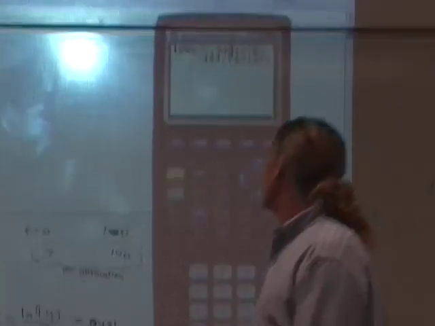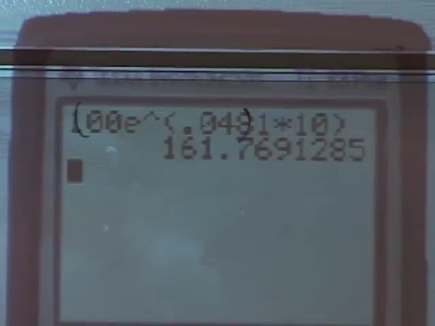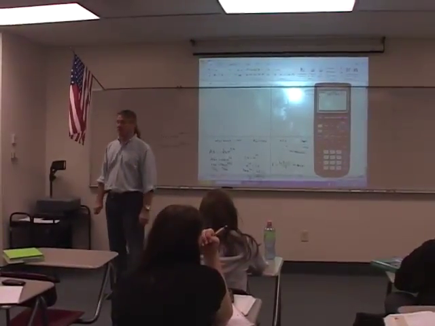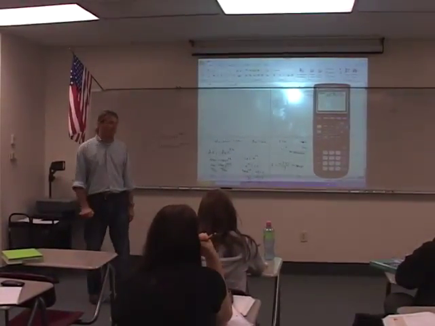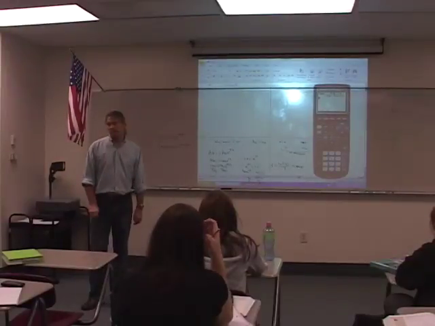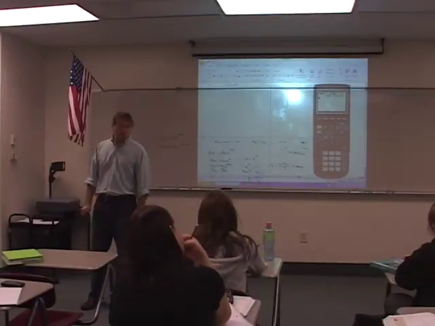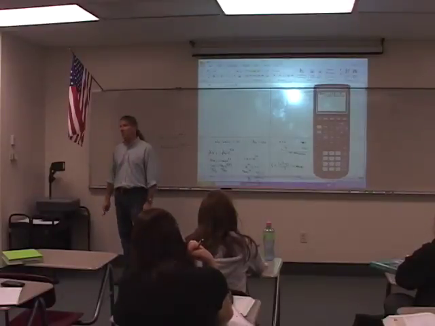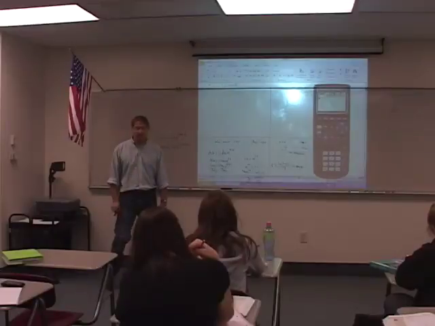That says to me 161.8 aphids, and since we're talking about aphids, it doesn't make sense to say 0.8 aphids. That'd be an aphid who somebody chopped off his head or something. No, we always round up for populations, okay? So there will be 162 aphids there. Because we're estimating anyways, better to overestimate usually than underestimate.